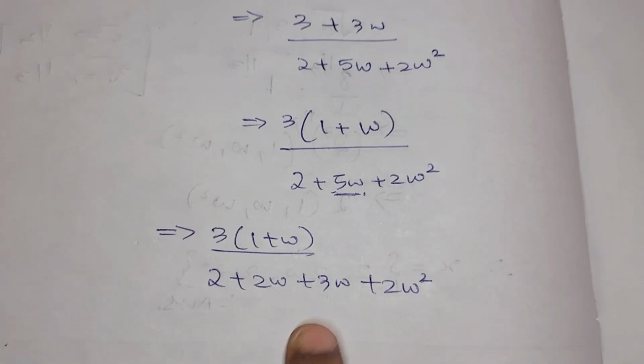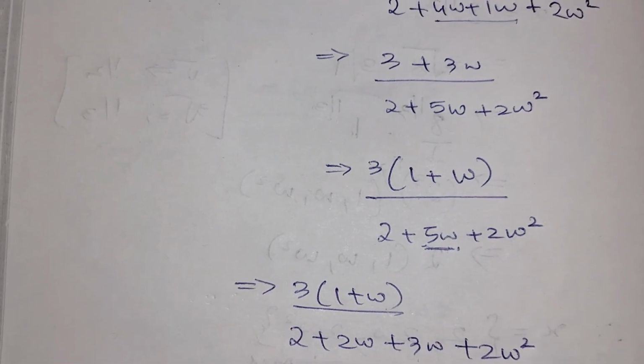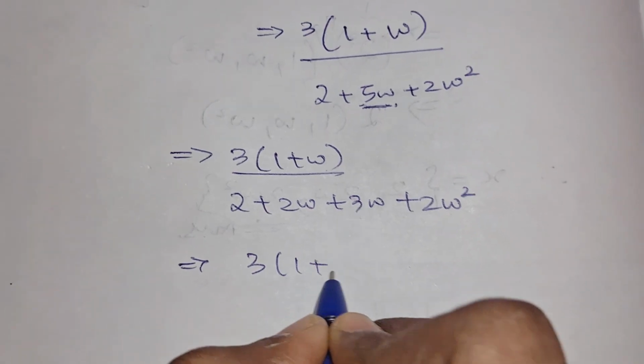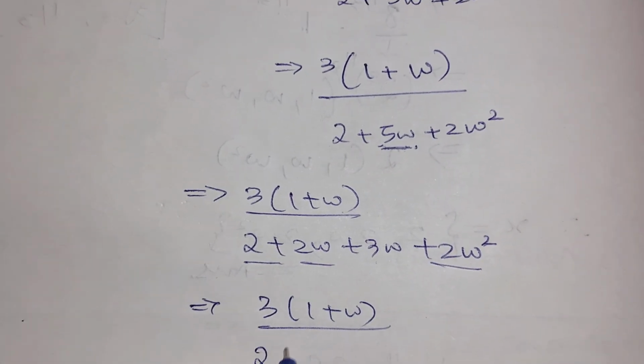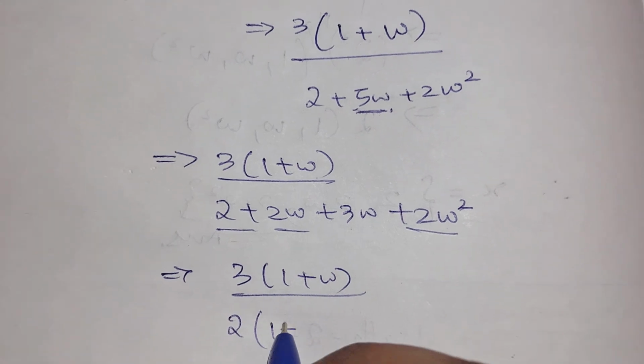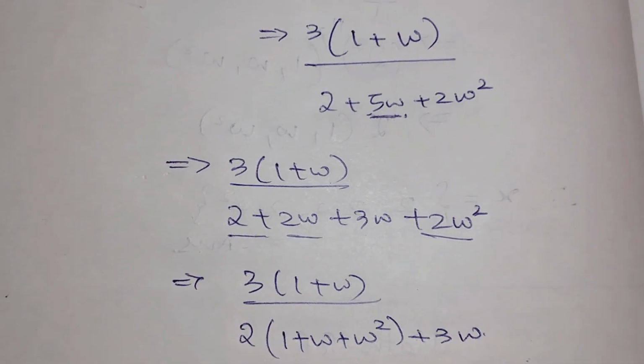So we are splitting this 5 omega in this way. Then in the denominator, if you look carefully, you can take 2 common for three of these terms. So what will be left is 2 into (1 plus omega square), and 3 omega.